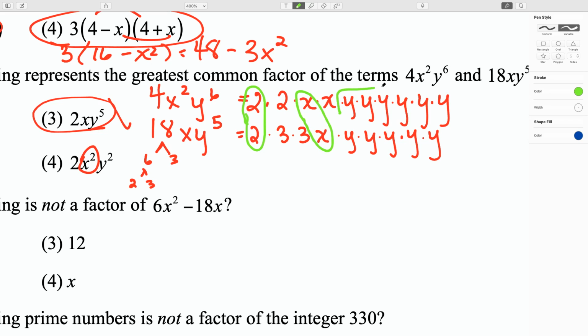And they both have 5 y's. They both have 2. They both have an x. And they both have y to the 5th. Do you like that strategy? Never fails.